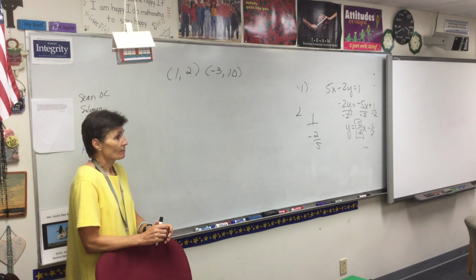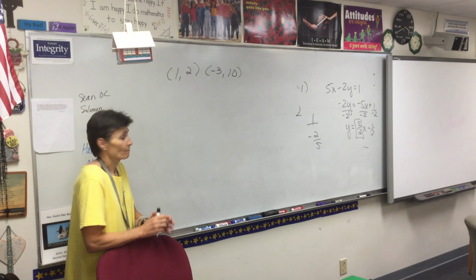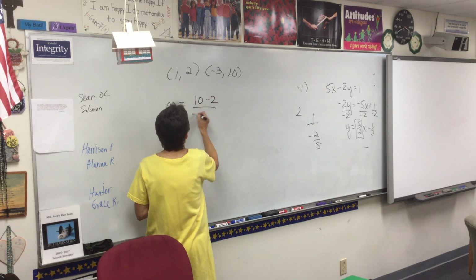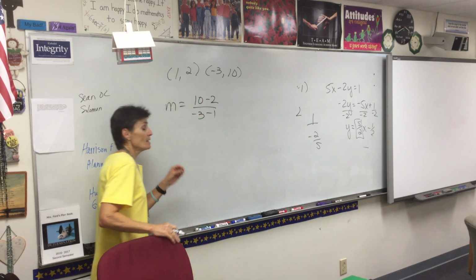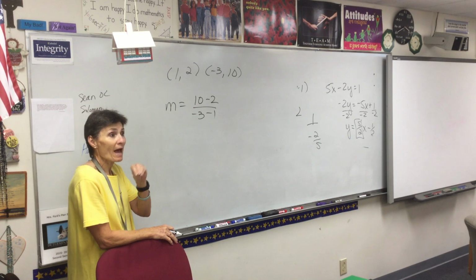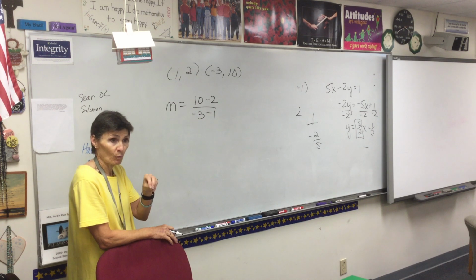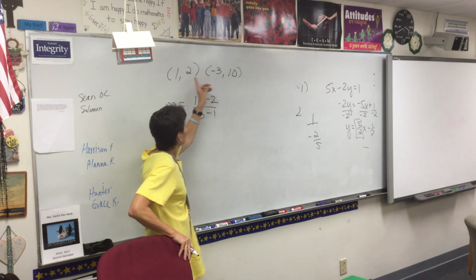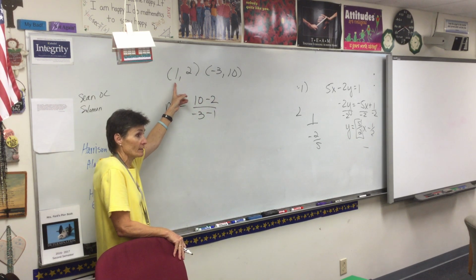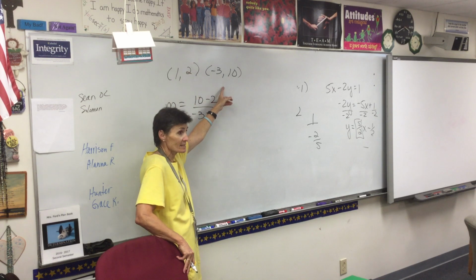So the starting point is to find the slope. So 10 minus 2 over negative 3 minus 1. We want to be really careful, guys. Order does not matter when you're doing slope, but you have to do them both in the same order. So if I did 10 minus 2, then I have to do negative 3 minus 1. If I do 2 minus 10, then I have to do 1 minus negative 3.